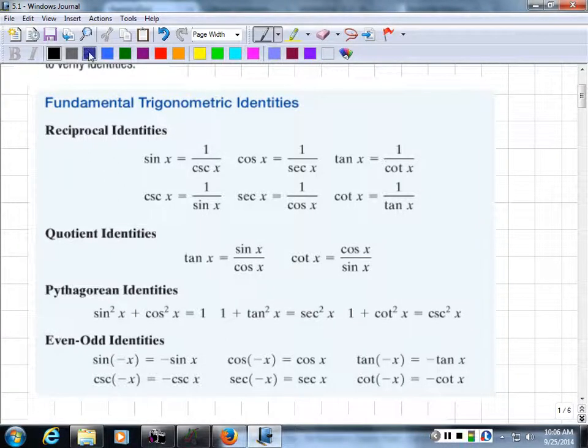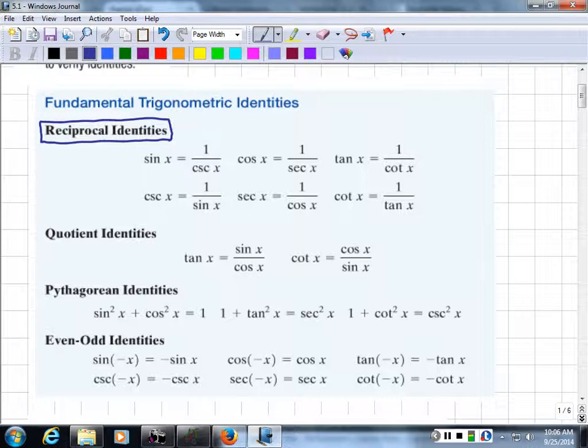The first one that we talk about are the reciprocal identities. And we've actually talked about this before because we've talked about the fact that if sine is equal to opposite over hypotenuse, cosecant is equal to hypotenuse over opposite. That's a reciprocal, right? Therefore, sine of x is going to be 1 over cosecant of x.